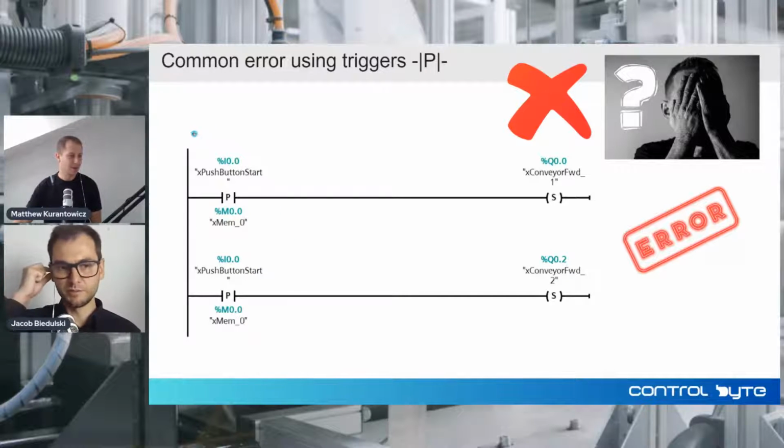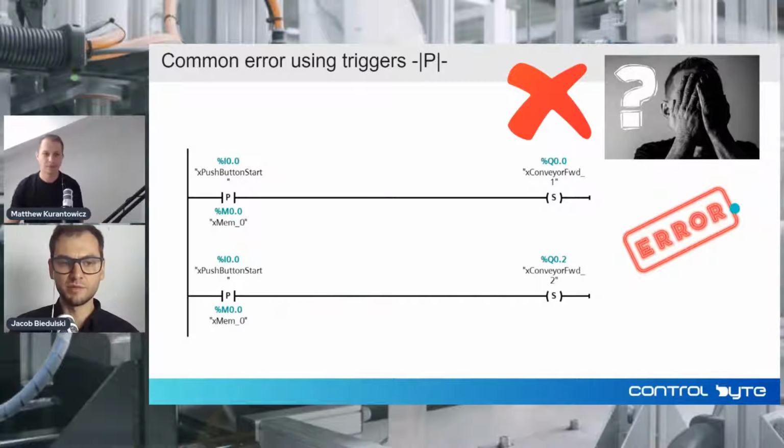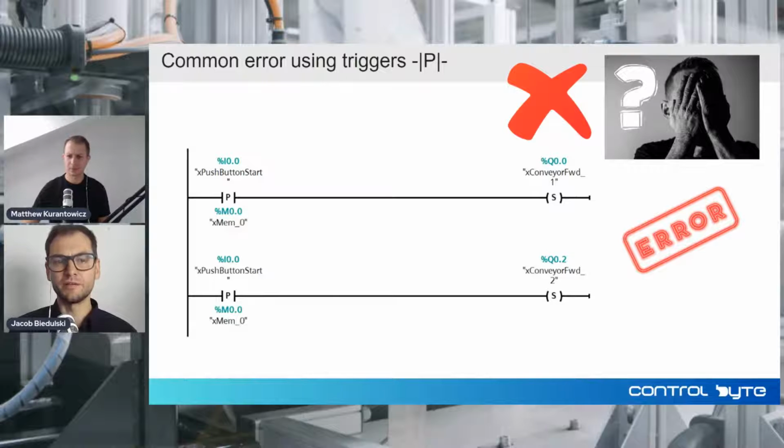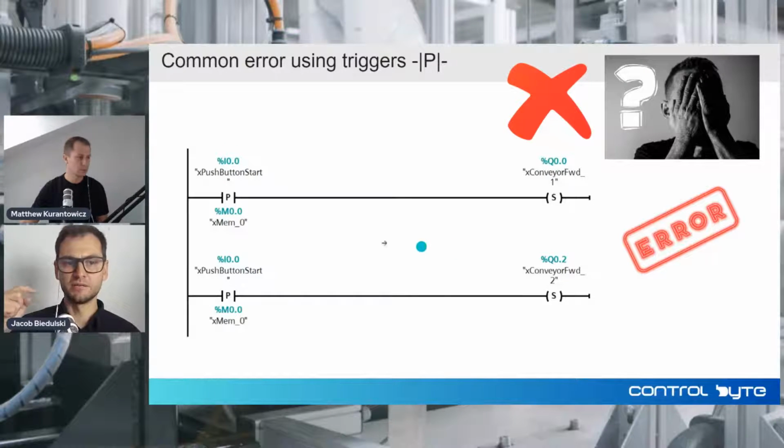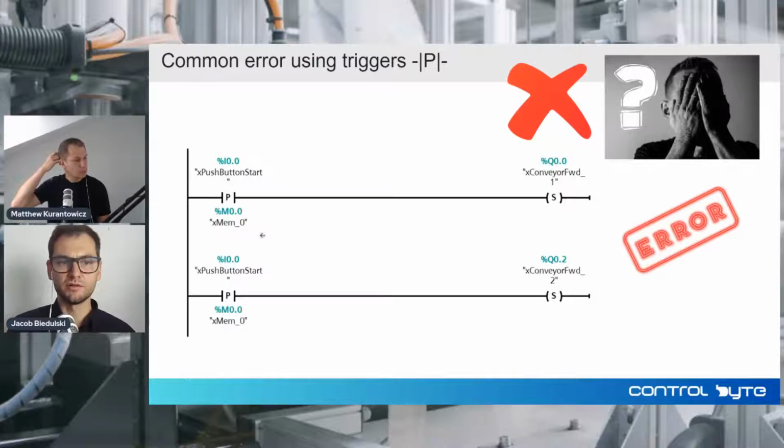As you may remember from the previous slide, the auxiliary memory bit stores the value of the operand from the previous PLC cycle. So on the first branch, after executing the instruction, the state of the X push button start will be transferred to X mem0.